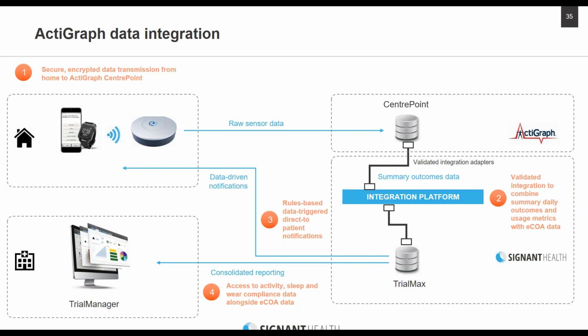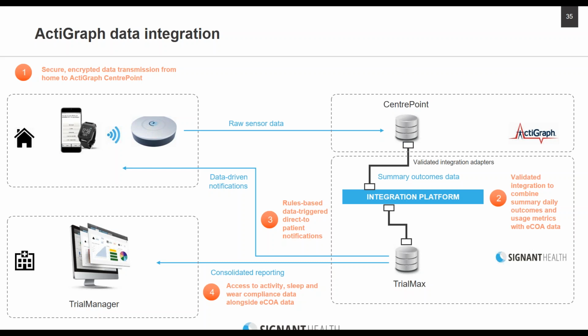integration of our systems. So as you can see, the top left box there represents the data collection. So you've got your touch device for ECOA, your Actigraph device for actigraphy, which then transmits the data to their hub, which pushes the raw sensor data through to their endpoint system, just as you would if you used actigraphy on any study independently.